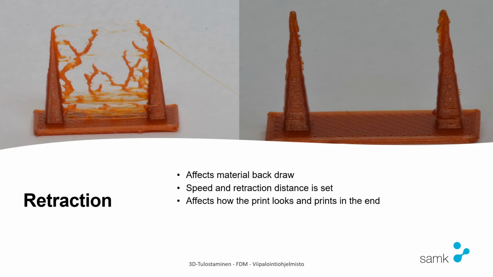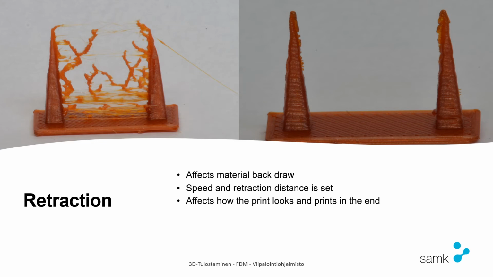Then there's the retraction setting. On the left, you can see the image that we don't want to see in our finished prints. If we don't use retraction, and the printer has to move between places, say we have 2 different objects on the build plate, it will print one, move to the other one and start printing there.